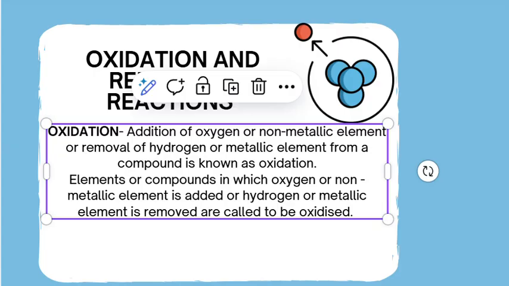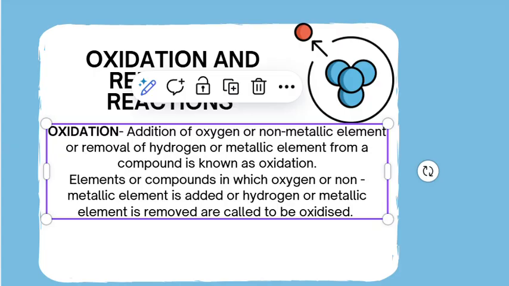Oxidation is basically the addition of oxygen or non-metallic elements, or the removal of hydrogen or metallic elements, from a compound.